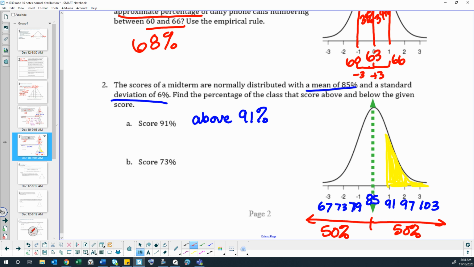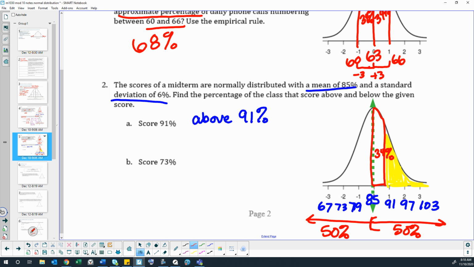Well, what do we know about the percentages specifically within these sections? If this entire thing here is 68, I already wrote them up there. What is this piece right here going to be? 34. Well, the entire thing is 50. This piece in the middle that I did not highlight because it is not above 91 is 34.